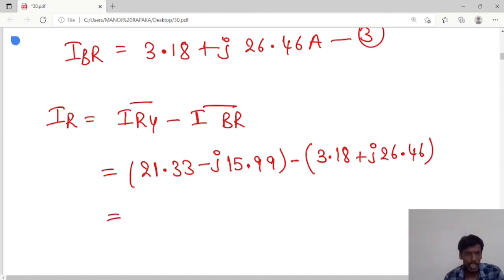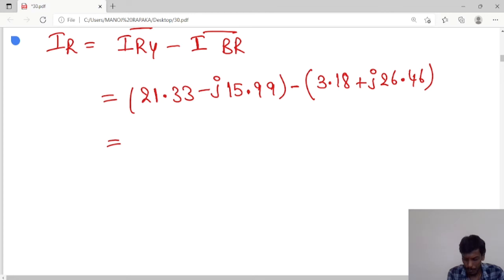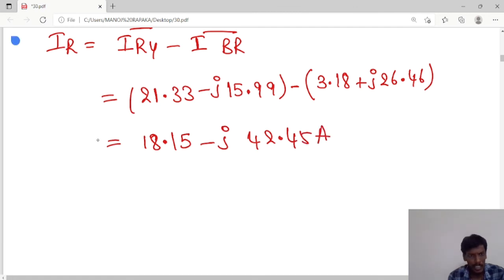So the line current IR is 18.15 minus j42.45 amperes. This is the IR value.